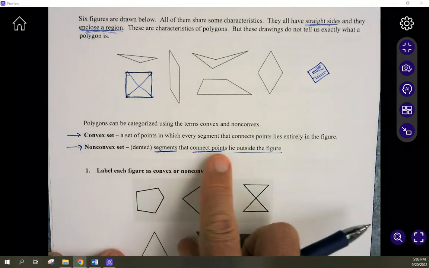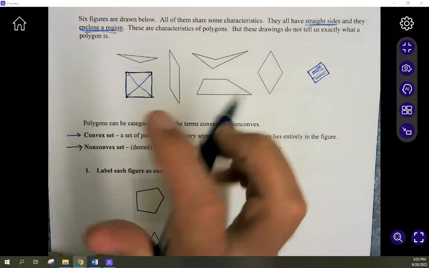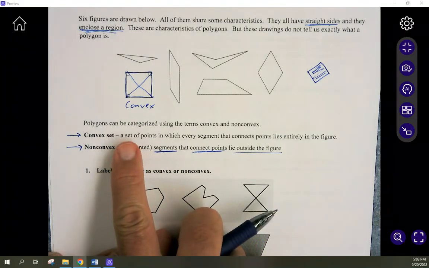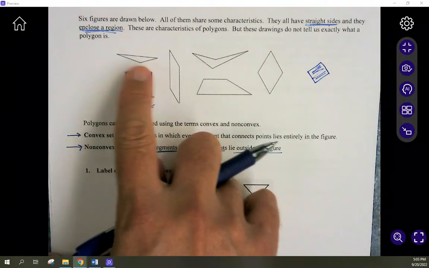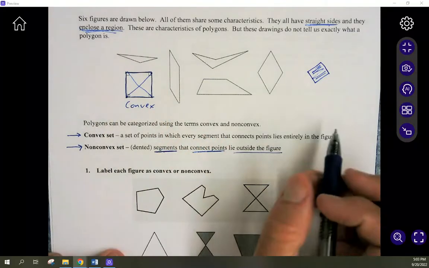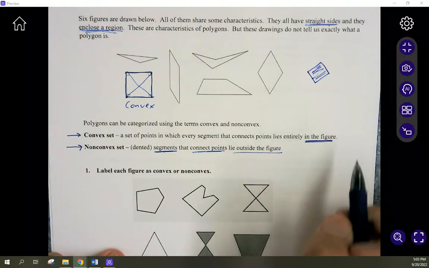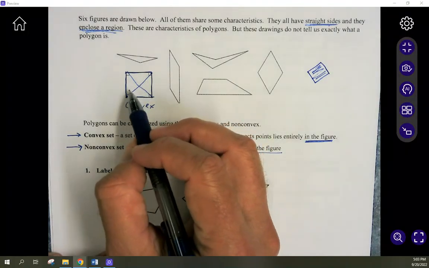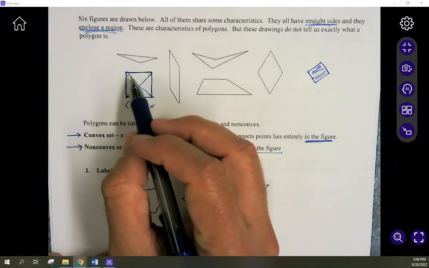Well, a non-convex says it lies outside the figure. Therefore, this is the opposite. This is convex. It's a set of points. So here's your 4 points, a set of points. Every segment that connects those points lies entirely in the figure. Connecting points with a segment, and the segment is inside the figure.